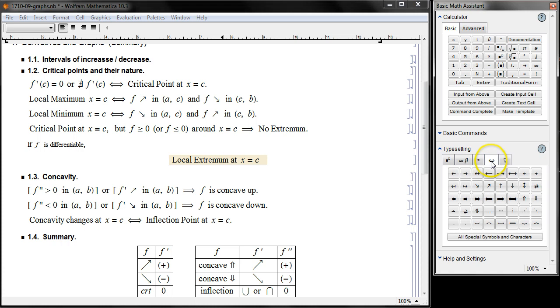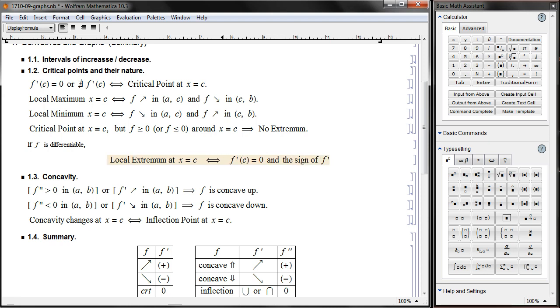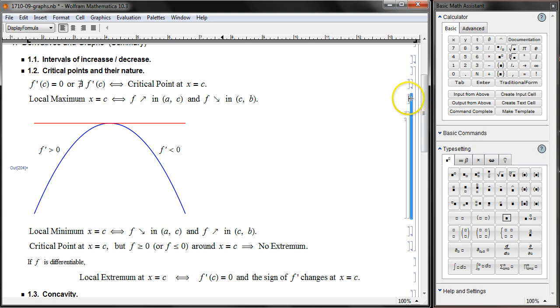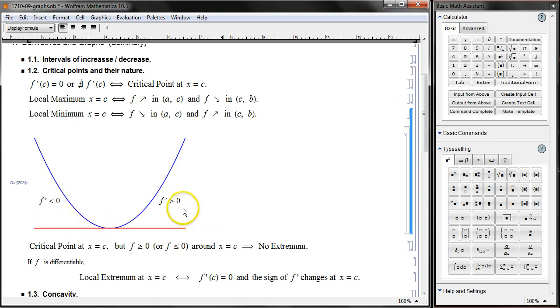That means the derivative at c is 0 and the sign of the derivative at x equal to c, kind of like this, changes from positive to negative, increasing to decreasing, or negative to positive, decreasing to increasing.